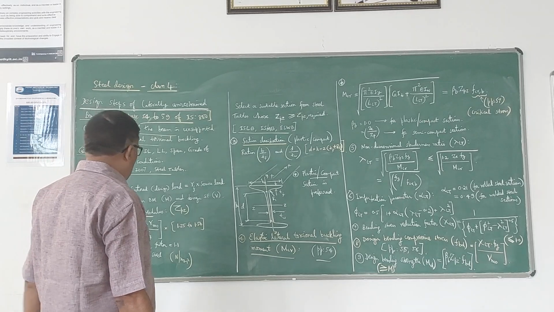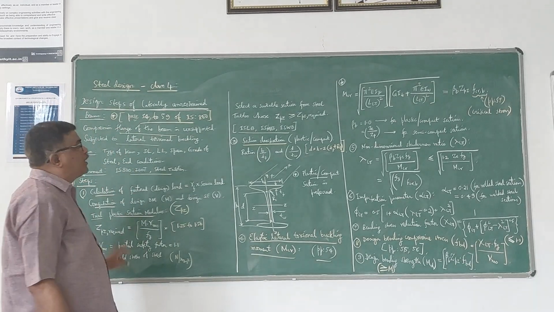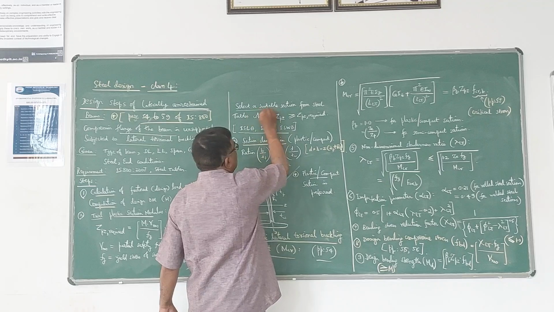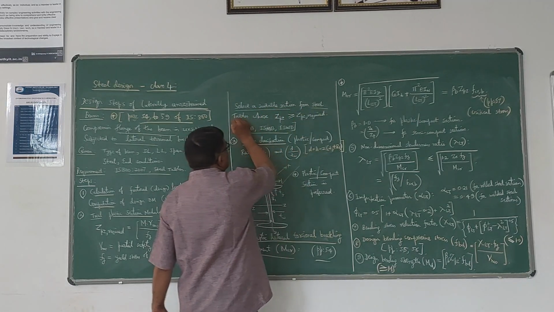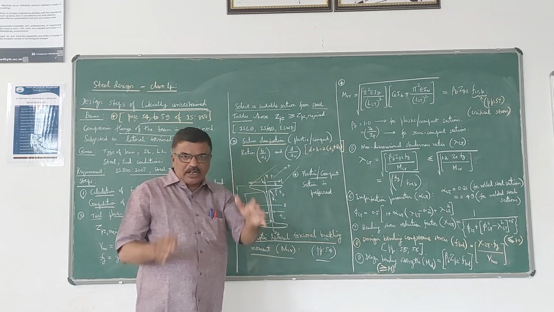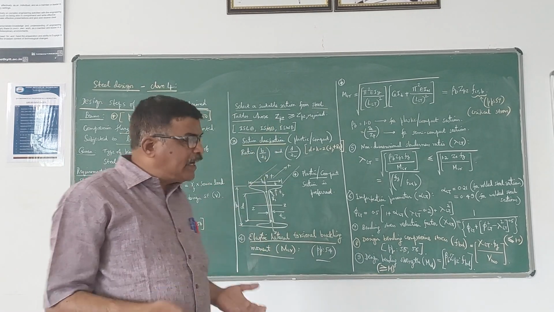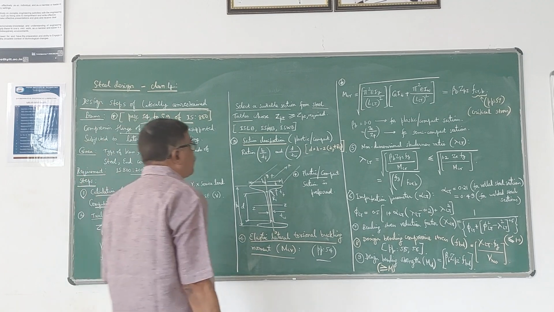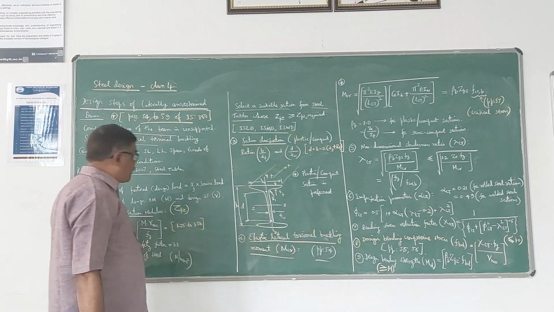After getting this required value, choose a suitable section from steel tables such that the Zpz you have chosen from the steel tables is slightly greater than or equal to the Zpz required that I have got here.